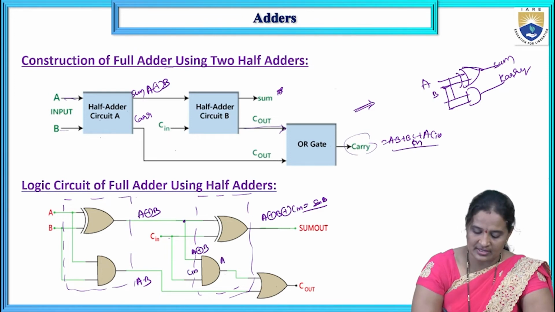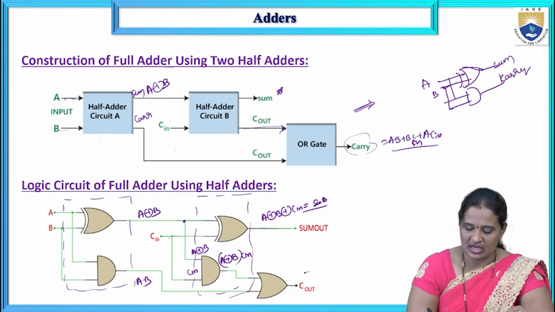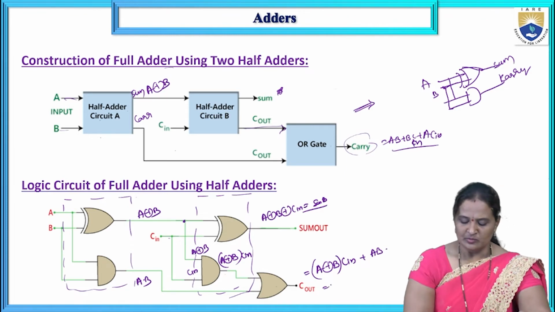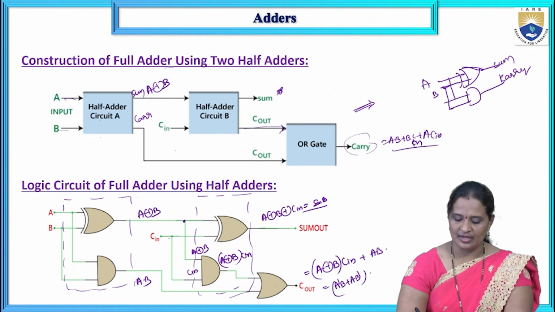Now let us apply this. So A XOR B into Cin, and here AB. So Cout now becomes A XOR B into Cin plus AB. Now if I expand this, I will get A bar B plus AB bar into Cin plus AB.